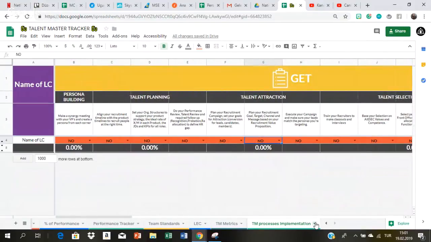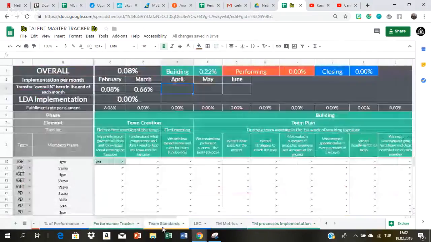It is very important. One thing you can see in this part: when you implement one thing, you are not going to lose this implementation, so the things will stay. So you don't need to copy the tool all the time. But in which tool will you have it? For example, on the performance tracker and on team standards, right?